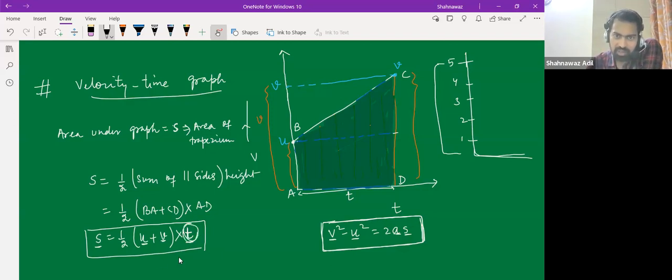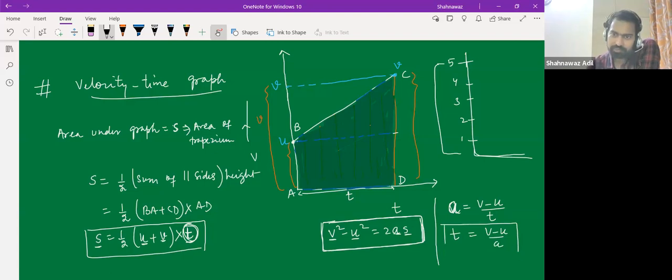So how can we get rid of this T? We know that A is V minus U by T. Right? We know that. So we have to calculate T. This would be V minus U by A.